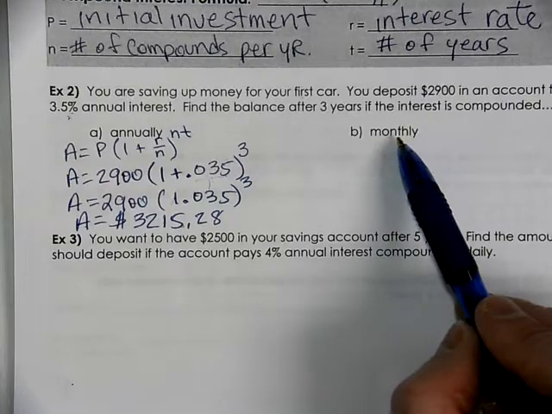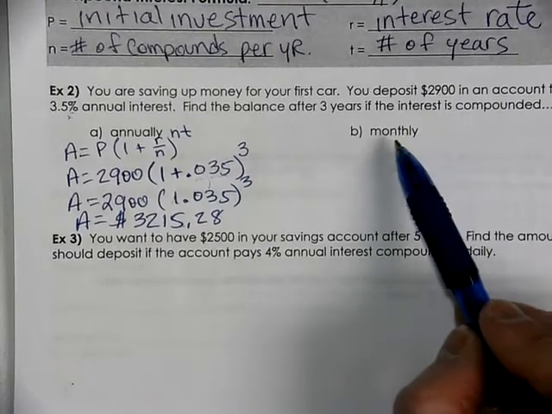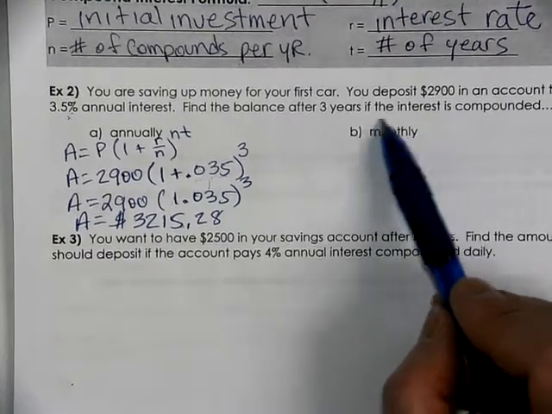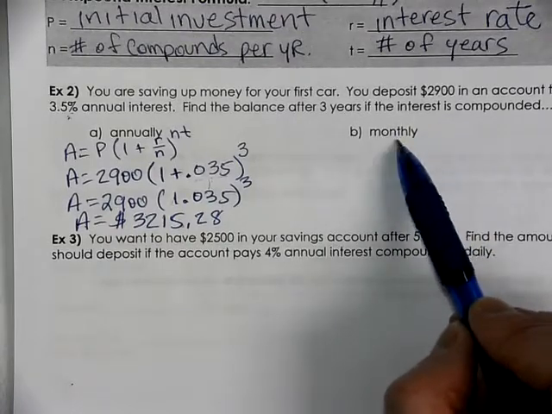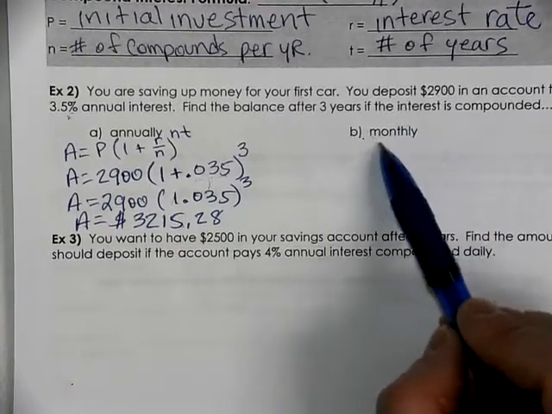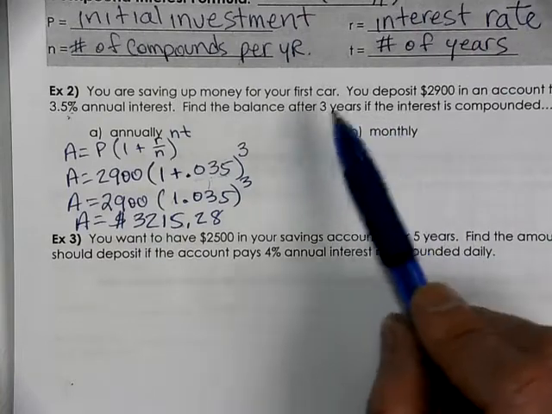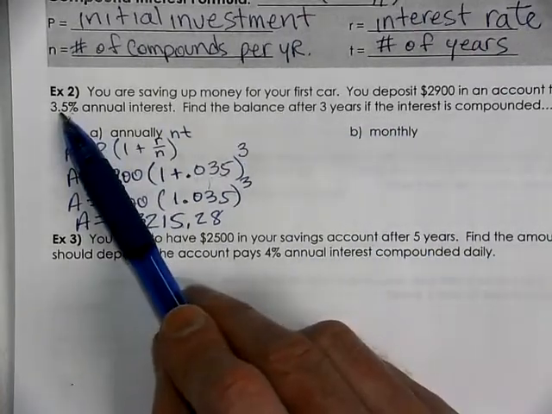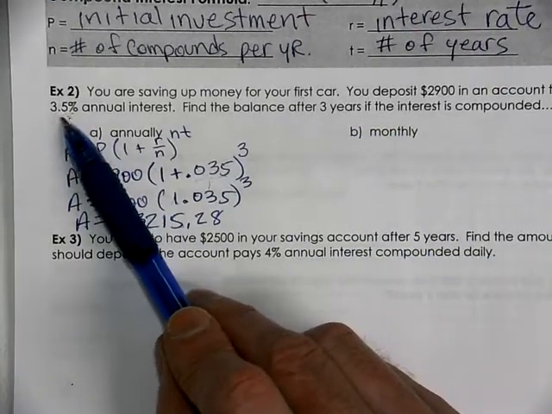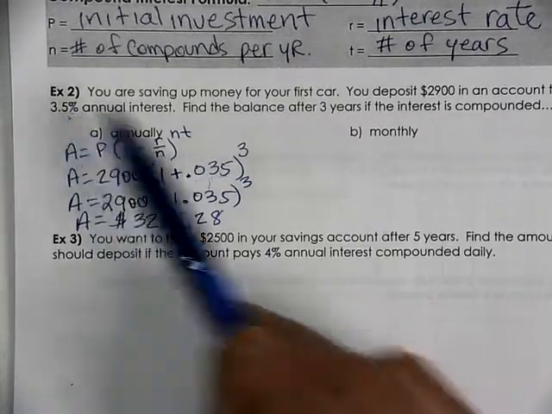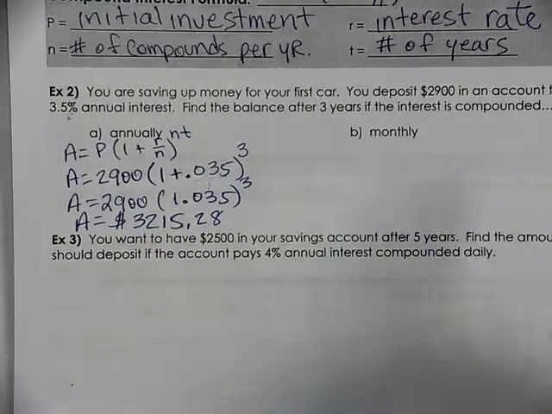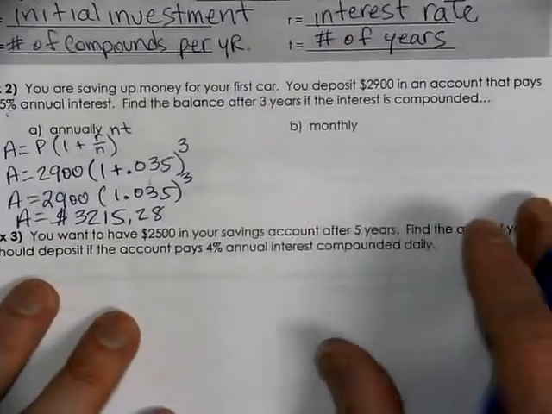Compound interest means that we get it supplemented in at different times. They're going to give us a portion of our money every month. So what we'll be doing is taking our 3.5% and breaking that into 12 equal pieces.